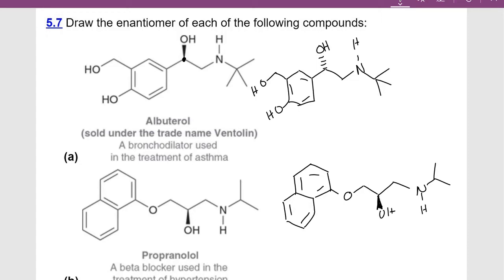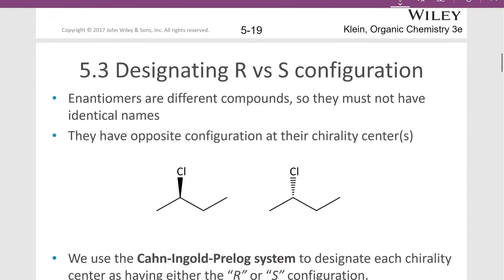And I just drew the same molecule, didn't I? So what I needed to do was take that OH group and instead of being on a dash, put it on a wedge. So you can draw the exact same molecule, then erase your wedges and dashes and put the opposite. And that's how you draw the enantiomer.